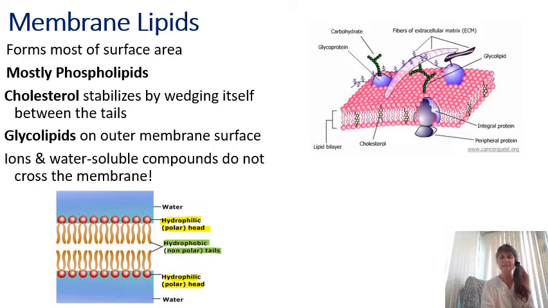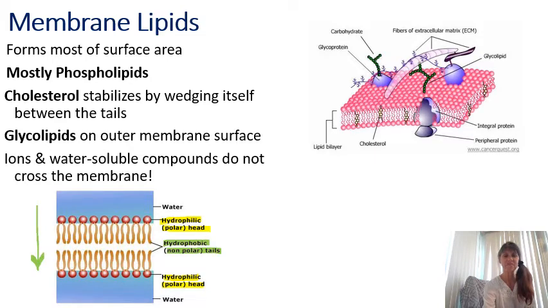That means that things that are polar, like ions are polar because they have a charge, and water-soluble components can't cross that membrane very easily. They might leak through, but for the most part, they don't cross the membrane easily, whereas fat-soluble molecules, including oxygen and carbon dioxide, can easily pass through the membrane because they are fat-soluble.